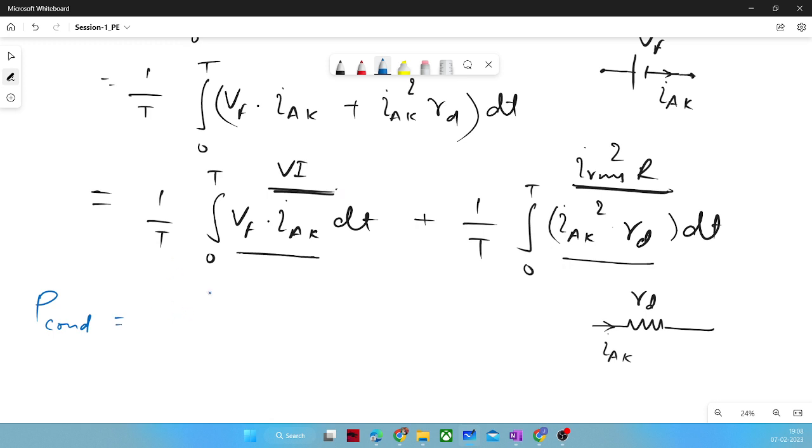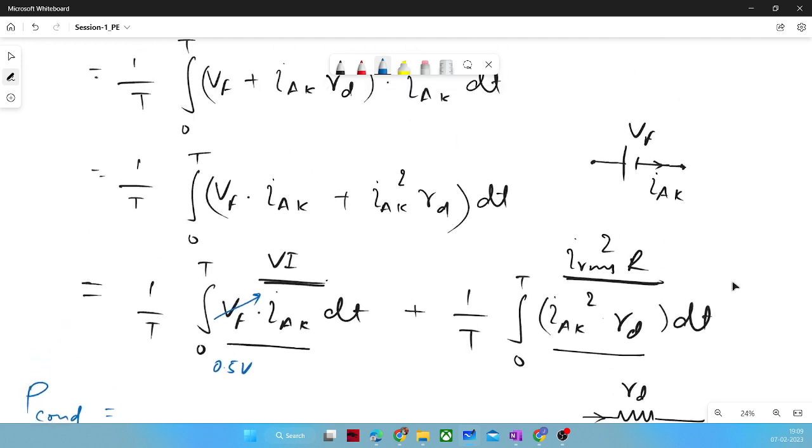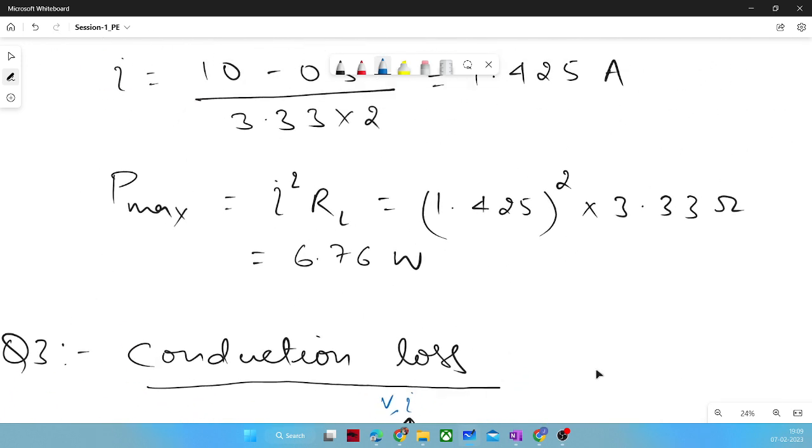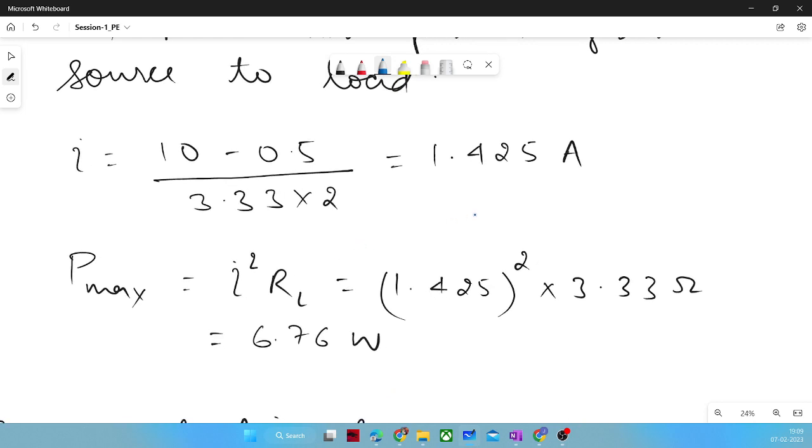The conduction loss is equal to Vf into Iak plus Irms squared R. So that will be, Vf was 0.5 volt and Iak we computed for this as 1.425 ampere.